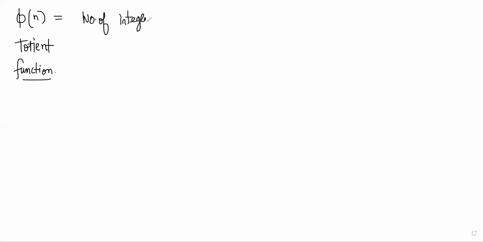Let's introduce the phi function. The phi function is called the totient function, and its definition is the number of integers between 1 and n that are relatively prime to n.